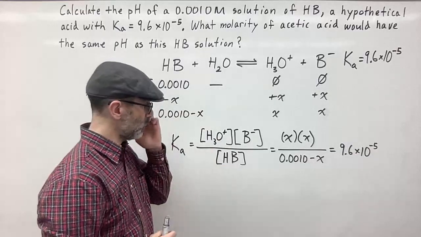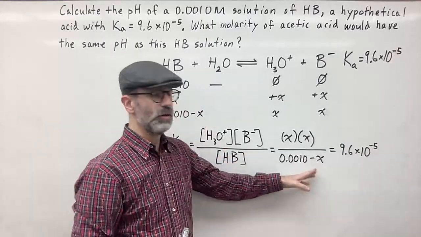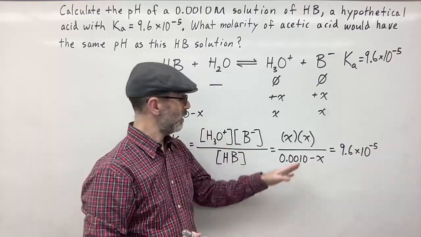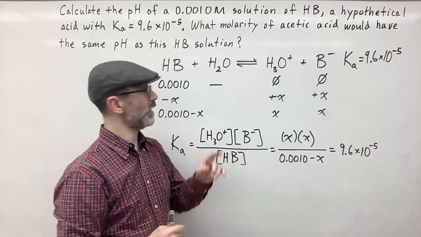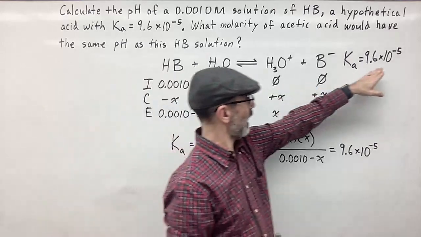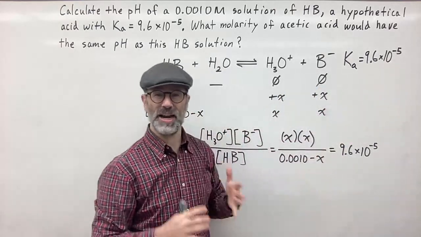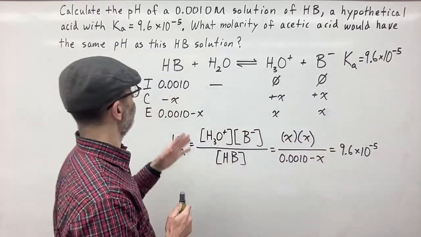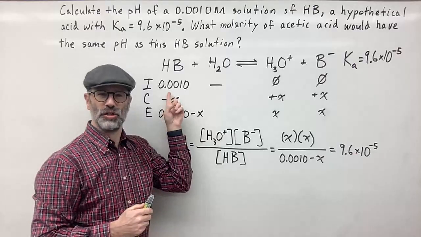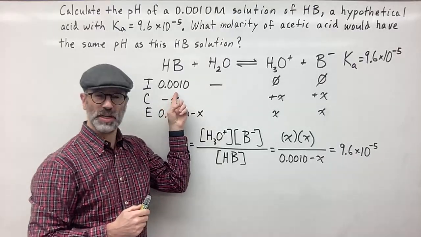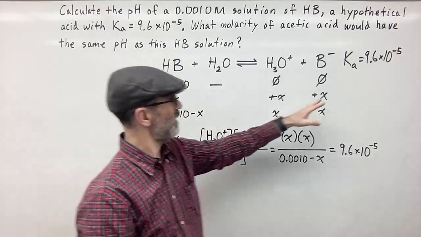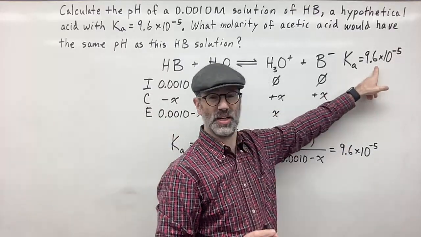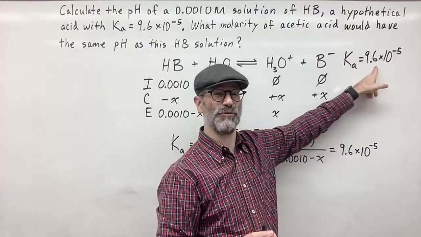Now all we have to do is solve for X. Here, we're going to do the X is small approximation. But if you look at the Ka value, which is 10 to the negative 5, and we look at our initial concentration of HB, which is 1 times 10 to the negative 3, the Ka is really close to 1 times 10 to the negative 4.